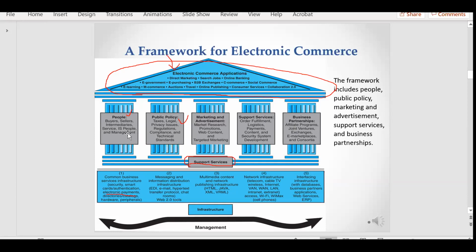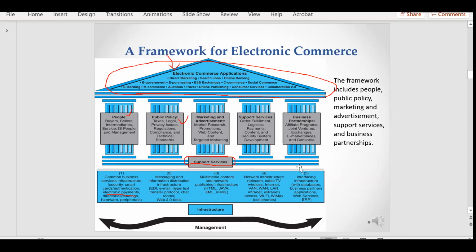Otherwise, nobody is going to honor it. Just like you buy something online and make the payment, but nobody honors your payment, or they fail to deliver, that can be a very big issue, right? So there must be trust. This framework is important so that it can form trust and security in place.